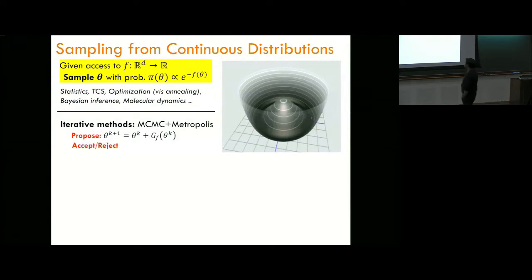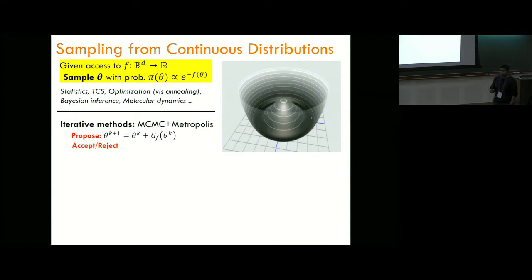And given this access to the function, my goal is to solve this problem, to output a point theta with probability distribution which is proportional to this density function. And let me just say at the very outset that we will not be able to solve this problem exactly.